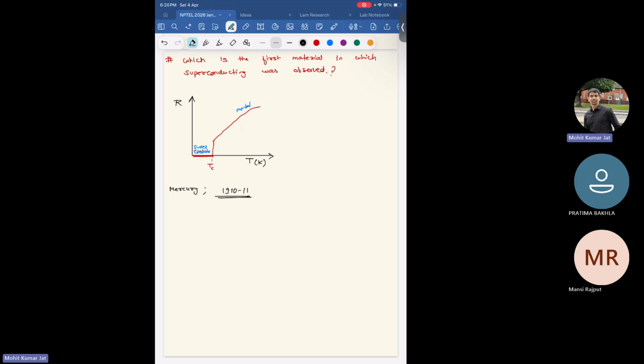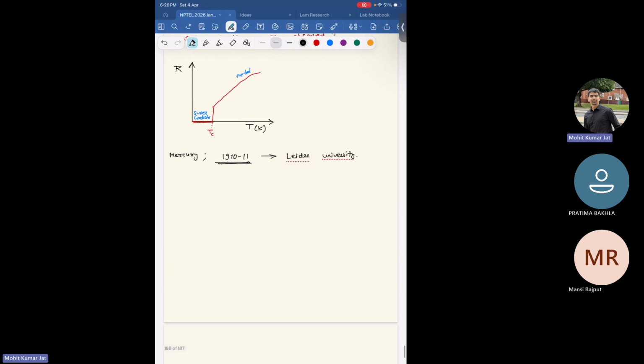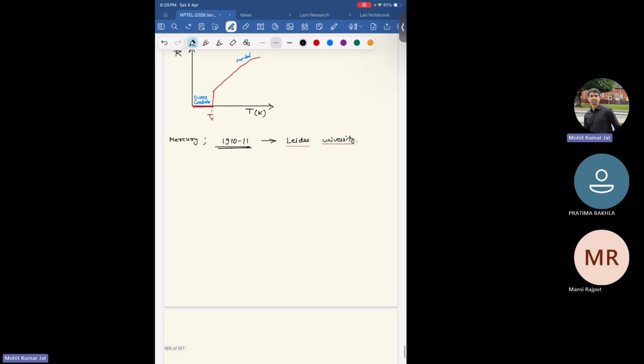You guys can check it. The student was measuring the resistance of this mercury, and what they observed was that suddenly the resistance went to zero. Before that there was no such observation, no superconductor existed before 1911.